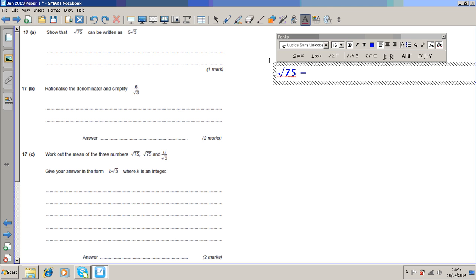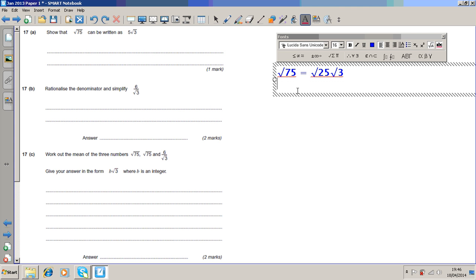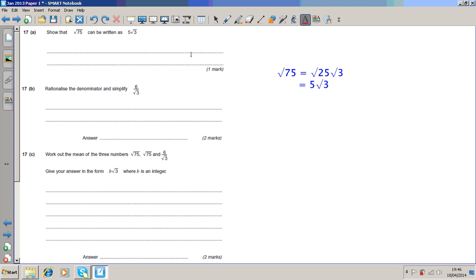To do this, we're looking for a square number that goes into 75. That will be 25. And 25 times 3 is 75. Now to work it out, the square root of 25 is 5, so your answer is 5 root 3.